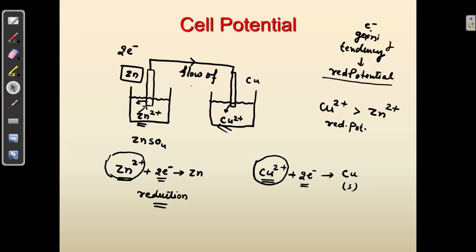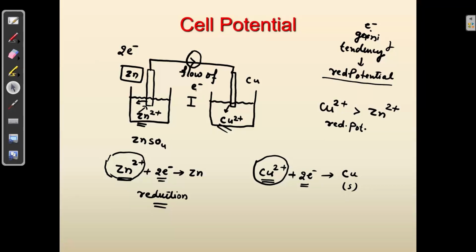This flow of electrons is nothing but the electric current, and we know that electric current is very important. Electrical energy can be converted to many other forms of energy. So ultimately, we have created the current. Okay.